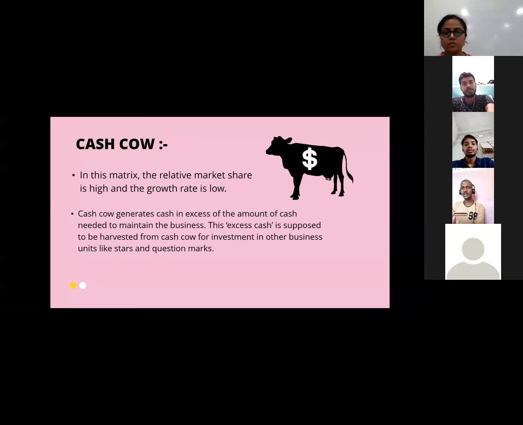Because they still have a large market share, profit and cash flow are expected to be generated in a regular manner. Because of the low growth rate, it should require less investment, and in this we can generate excess cash, and the excess cash is to be harvested from the cash cow.